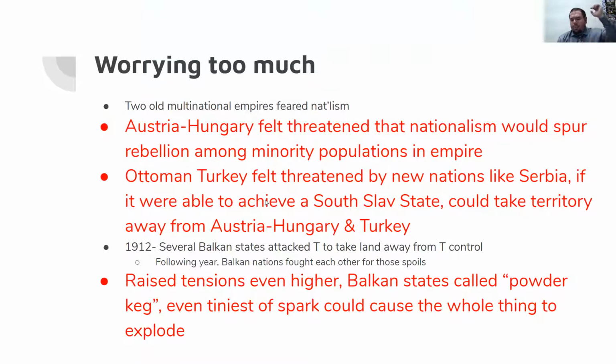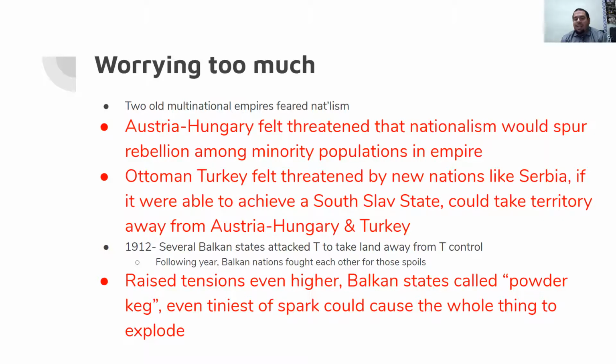All right, worrying too much. So these two old multinational empires feared nationalism. Of course, empires would fear that because, hello, look what happened to Napoleon's empire. So Austria-Hungary, which is Austria and Hungary, felt threatened that nationalism would spur a rebellion among minority populations in the empire.